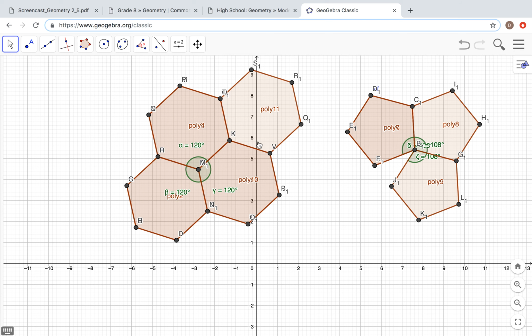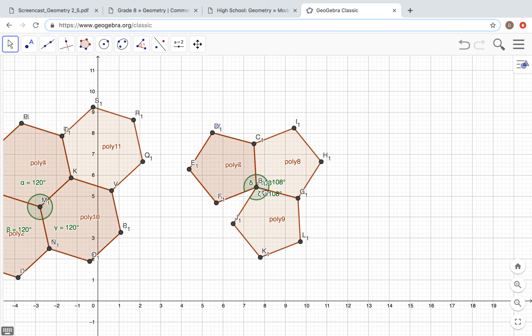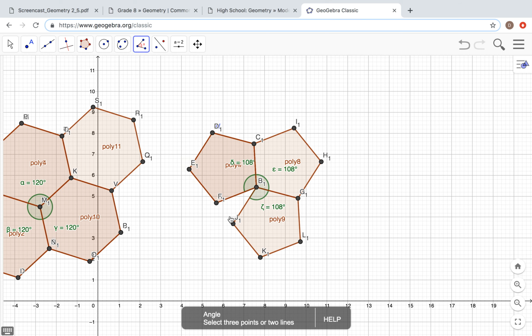that create the tessellation. Now, moving over here to the pentagons, you can see that after I've constructed 3 pentagons, each interior angle measure is 108 degrees. And the sum of the 3 108 degrees is 324 degrees, which means that subtracting it from our 360 degrees, the measure of this exterior angle from all the pentagons is going to be acute, which, as we can see, is 36 degrees.